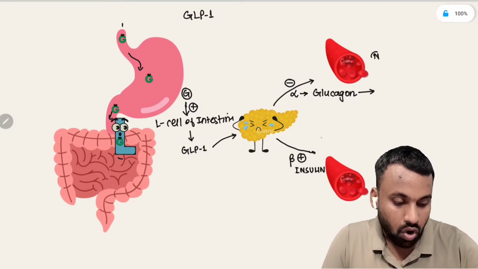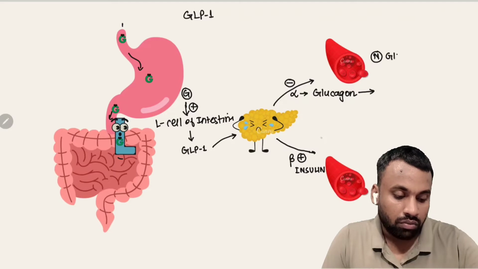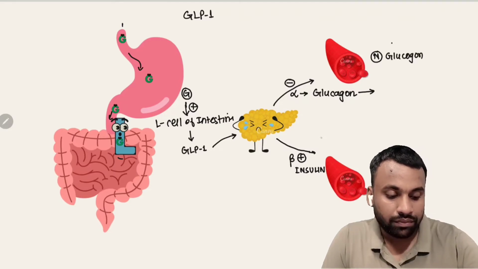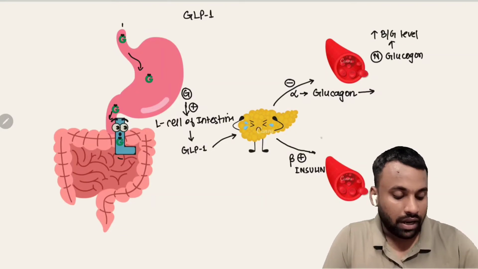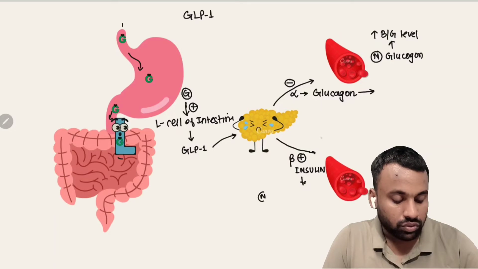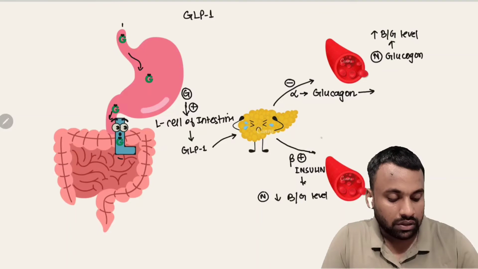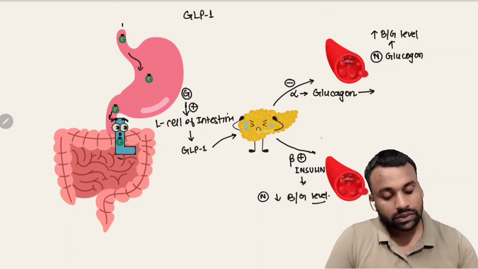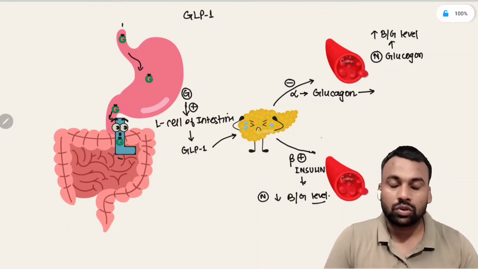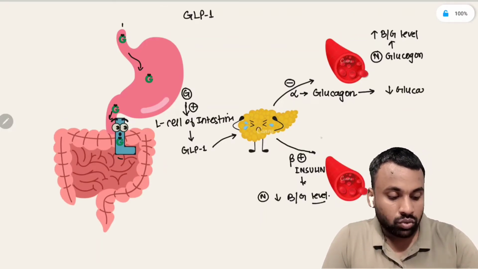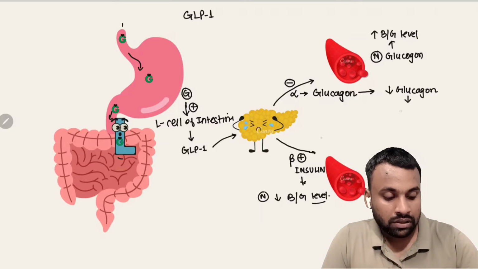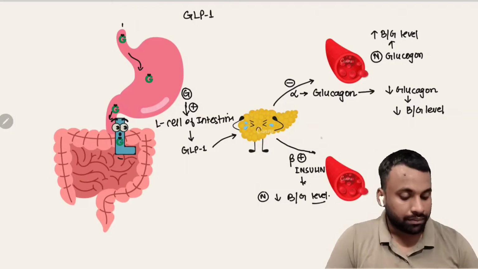First we understand the normal function of glucagon: it increases blood glucose level, and the normal function of insulin is to decrease blood glucose level. But if there is suppression of the glucagon, there will be less glucagon, and less glucagon means decreased blood glucose level.